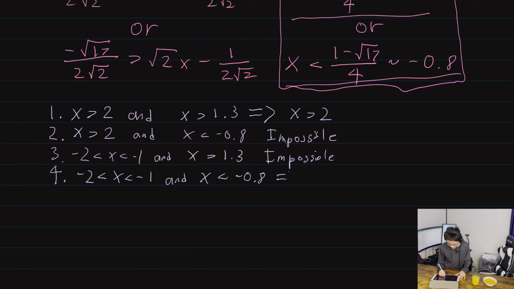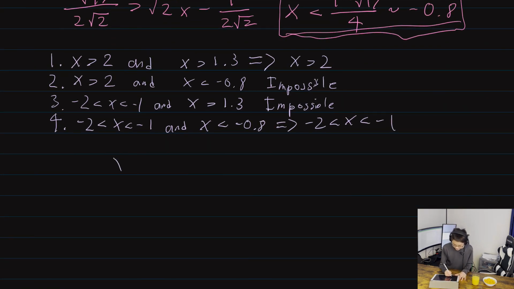And this implies that x is greater than negative 2 and x is less than negative 1, because negative 1 is a tighter bound than negative 0.8. So, in conclusion, we have x is greater than 2, or x is between negative 2 and negative 1.